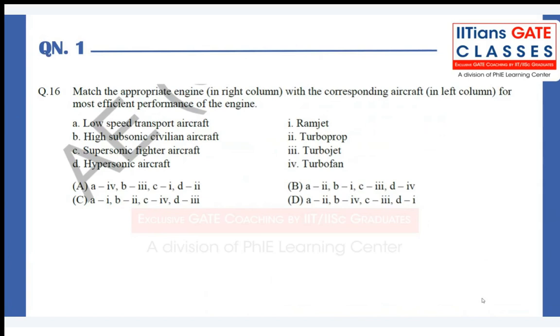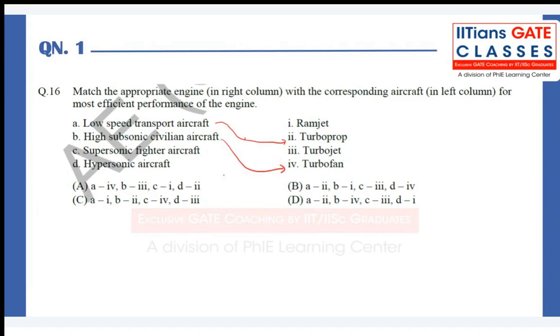For the low speed transport aircraft, usually the Mach number is less than 0.5 or so. For that, a turboprop is more useful. For the high subsonic aircraft, say Mach number greater than 0.5, you generally prefer turbofan engines.